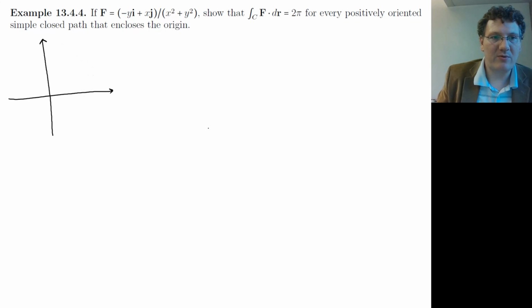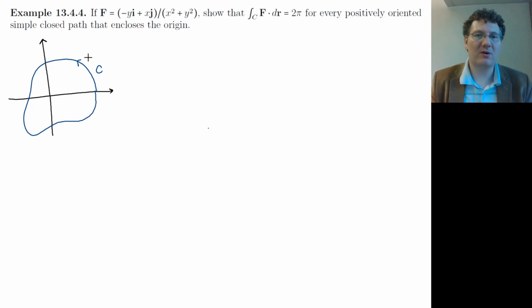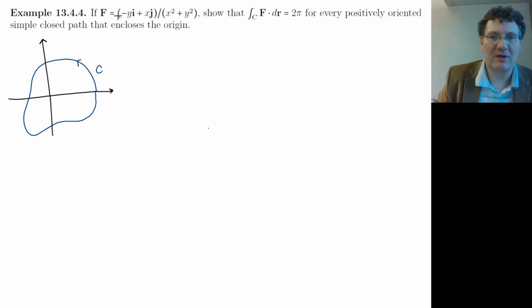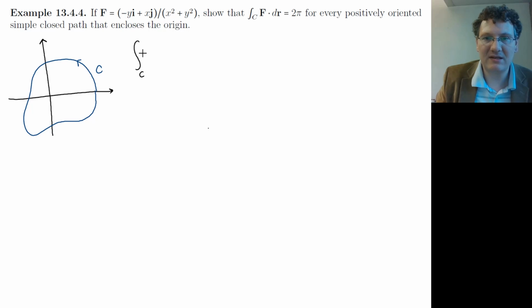Suppose you make some positively oriented simple closed curve. This is C, and it's positively oriented. We want to show that the line integral over C of f dot dr is going to be equal to 2 pi.